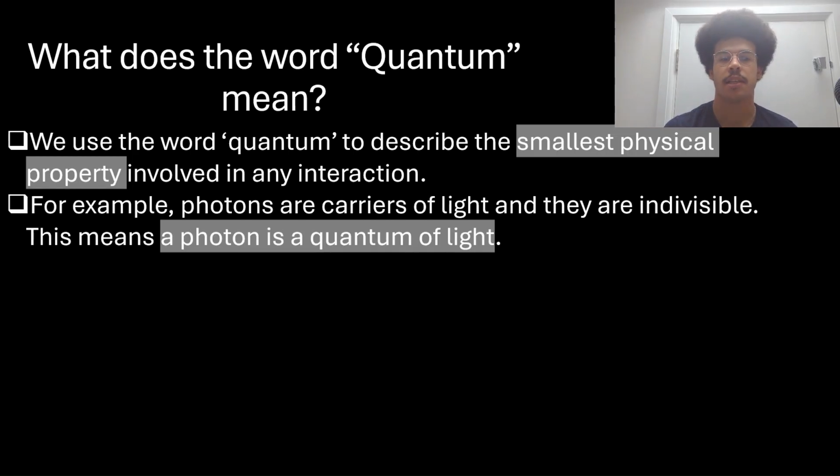So for example, let's think about light. Let's think about photons, which are the carriers of light. And they are indivisible. You could not chop them in half. It's not possible. And so we can say, therefore, that a photon is a quantum of light. It is the smallest possible particle of light.